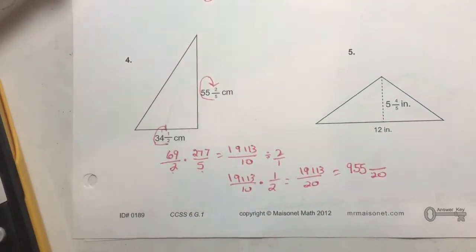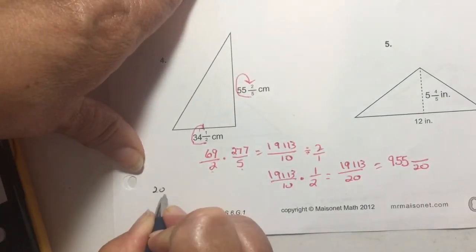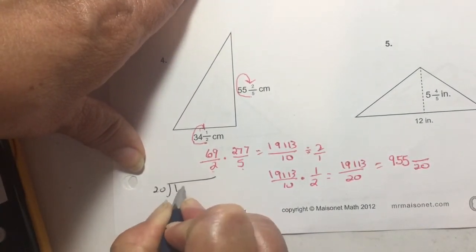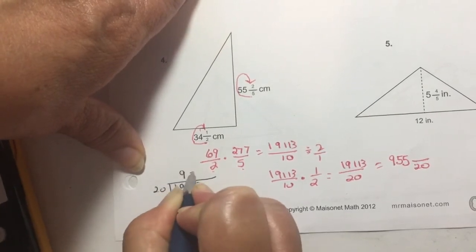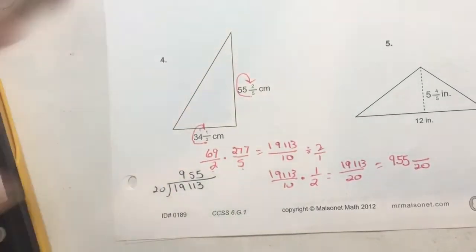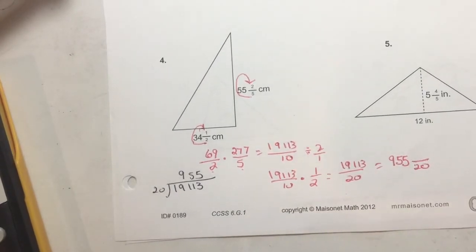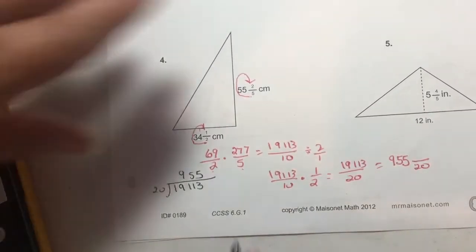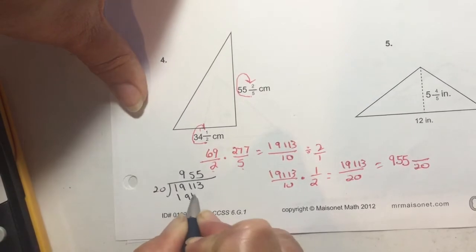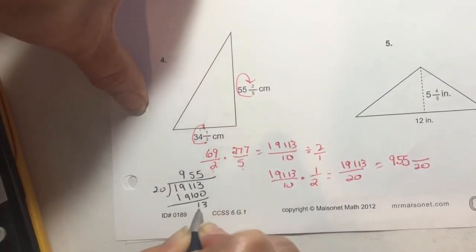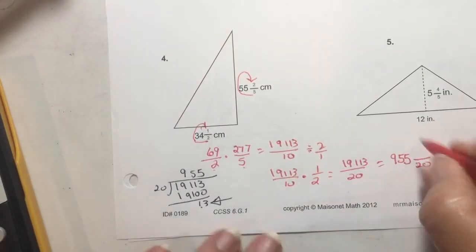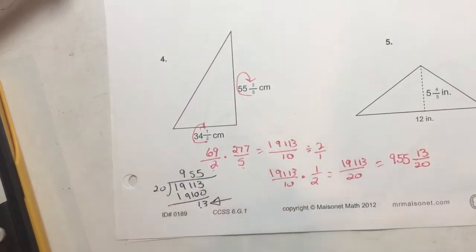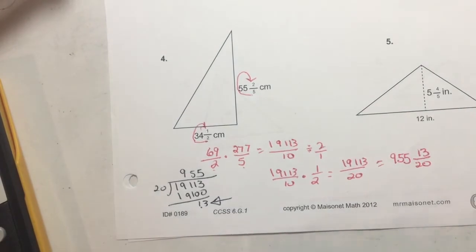Well, coming over here into the margin, 20 goes into 19,113 955 times. 955 times 20 is 19,100. So you have 13 remainder. 955 and 13/20. That was a mess.